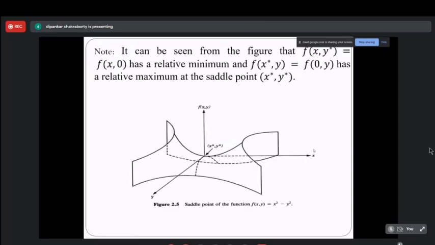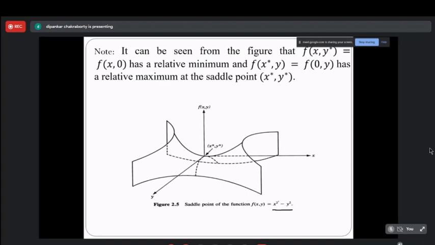Now, one interesting observation regarding the saddle point that I have already mentioned to you. I hope you remember the example x square minus y square, and we have already seen that the point 0, 0 is a saddle point for this function x square minus y square.